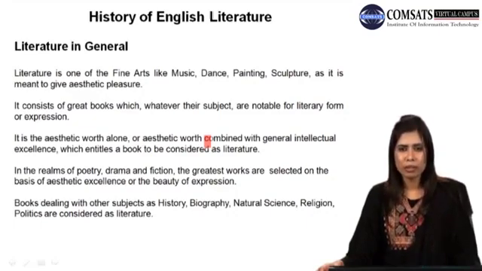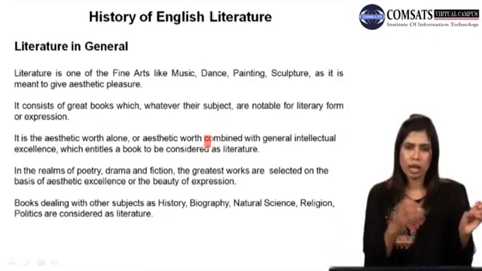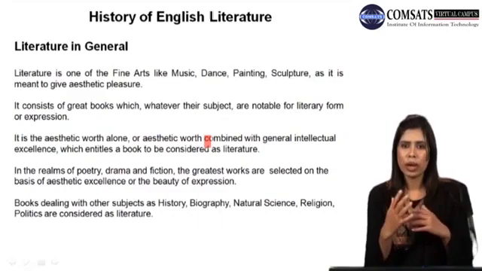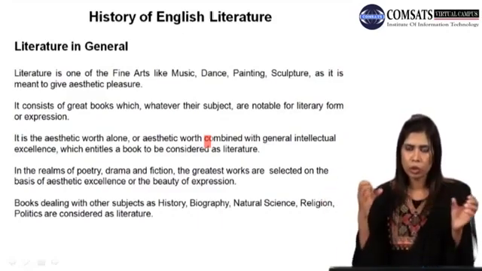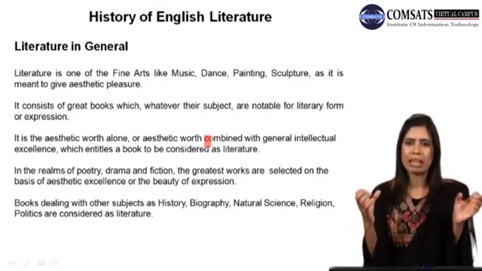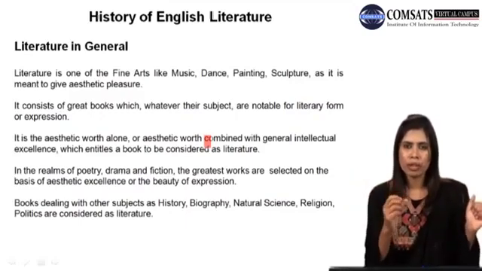So literature is one of the fine arts like music, in order to compose any kind of particular music. Dance movements, and then painting, you have to draw something, you have to paint something in order to give aesthetic pleasure to the audience. And then another thing is sculpture, like how to make statues.